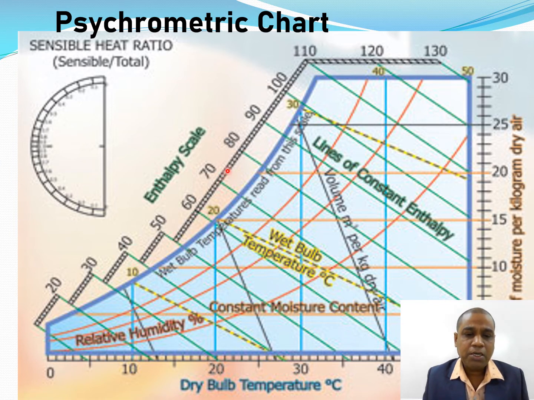Suppose 70, 2, 3, 4 as per the graphical advancement of the position of the properties of air. And this is specific enthalpy. So this is about the psychrometry chart.